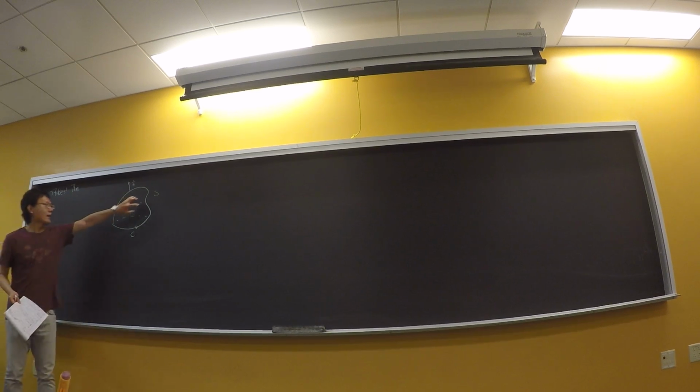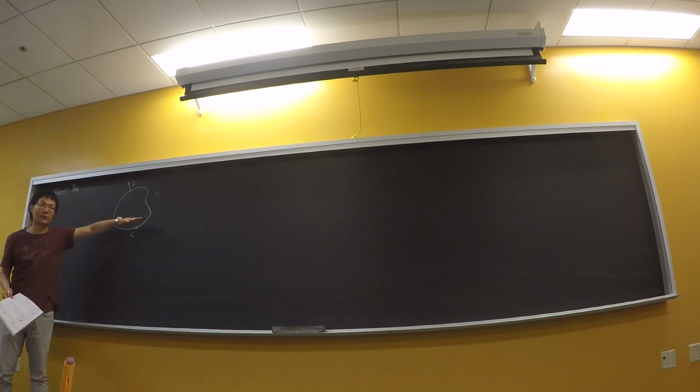So two geometric objects are related by interior and boundary. Here, S, the surface, is the interior, and the boundary is the closed curve right here.